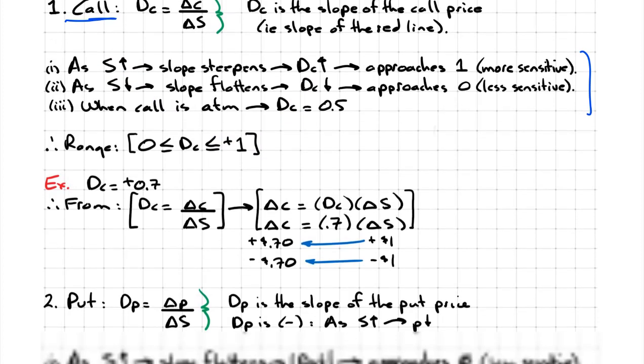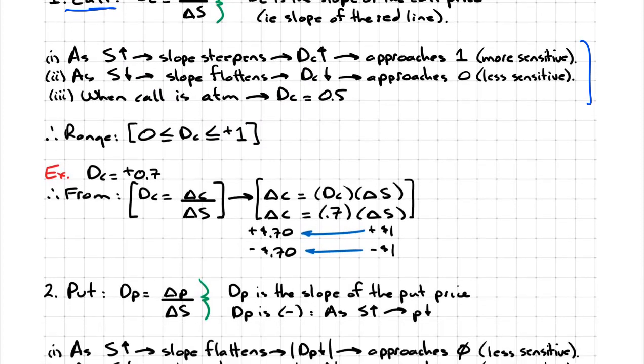So now let's pick a number that's in between this. So rather than just looking at the extremes, i.e. 0.5 and 1, how about if we pick something like 0.7? So what we're going to do is take our delta framework, and you can see that the delta framework is a ratio, right? You have a numerator and a denominator. And what I always like to do with ratios is flatten it out.